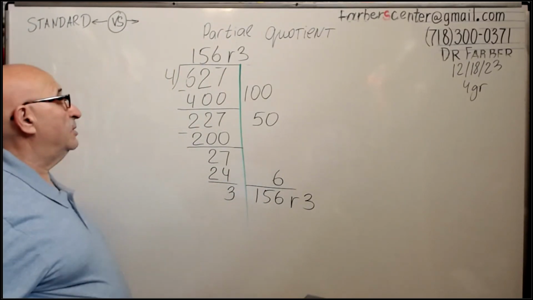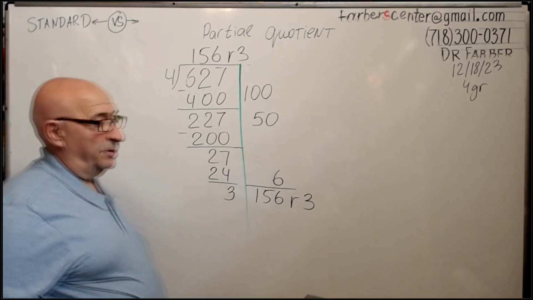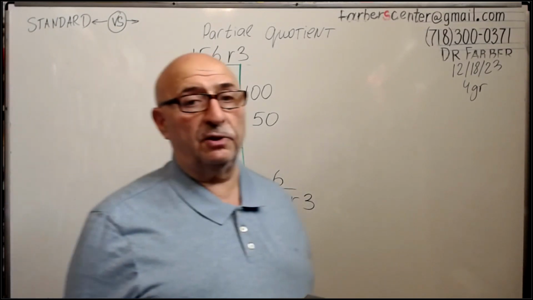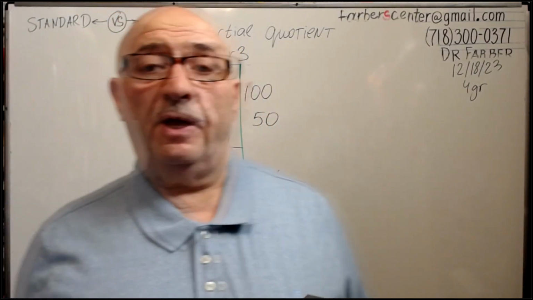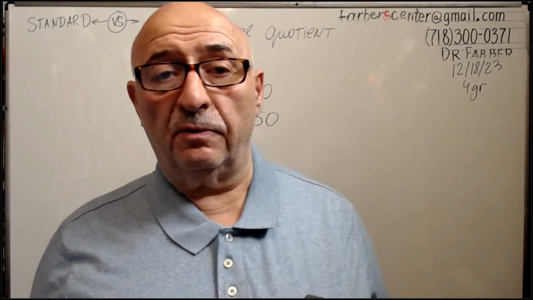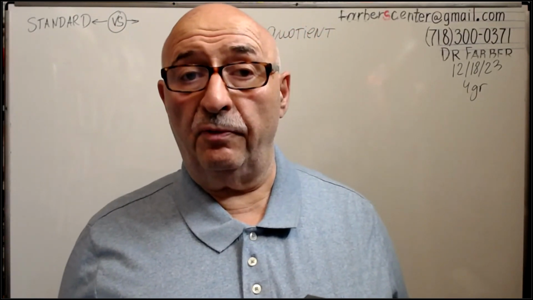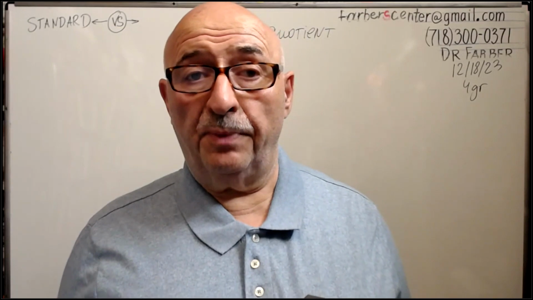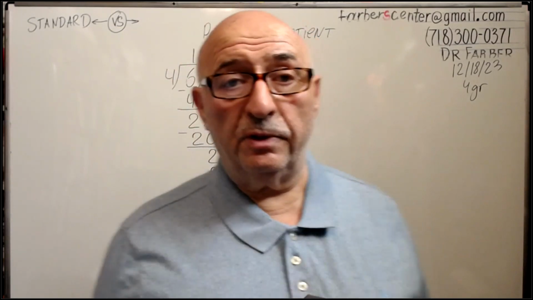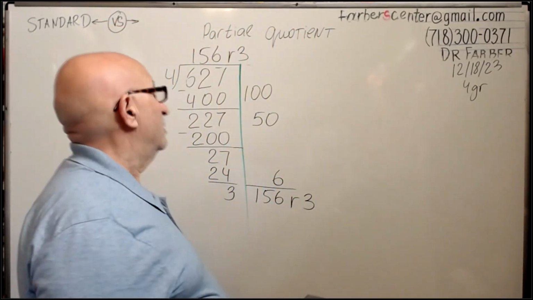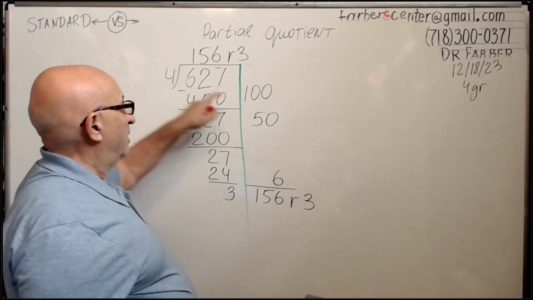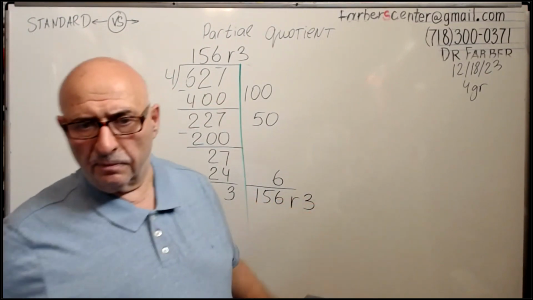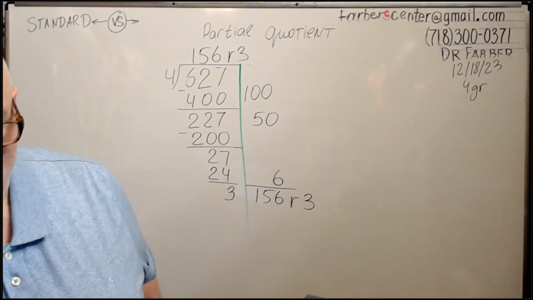When you have partial quotients, they assume that you know the multiplication table nicely. And instead of standard division, you think about convenient numbers. What does convenient mean? Everyone knows 4 times 100, right? Emily, ask me.